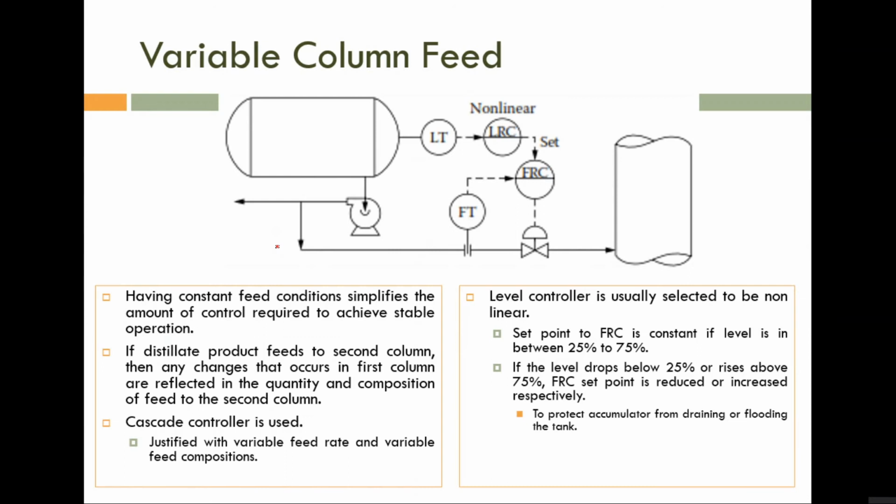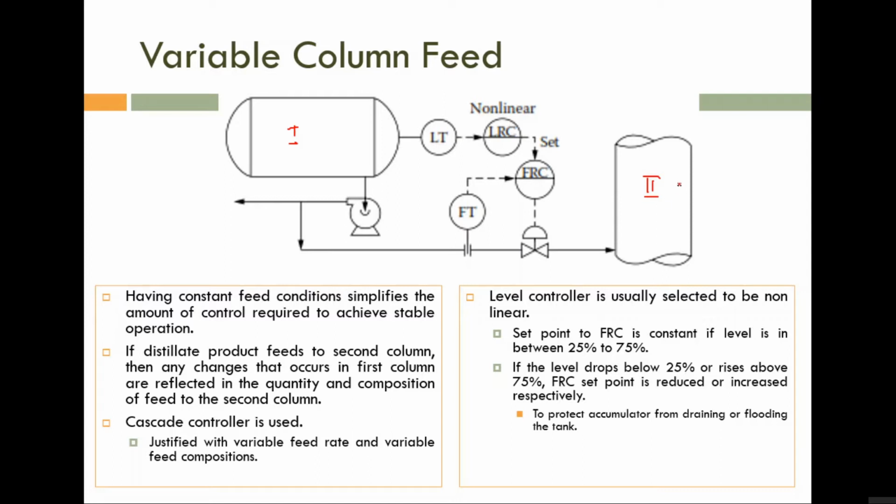Okay. So the next case is if the feed is coming from another distillation tower. This is the accumulator of the first distillation tower. Okay, here we have the first distillation tower, this one is the accumulator of the first distillation tower, and this one is the second distillation tower.